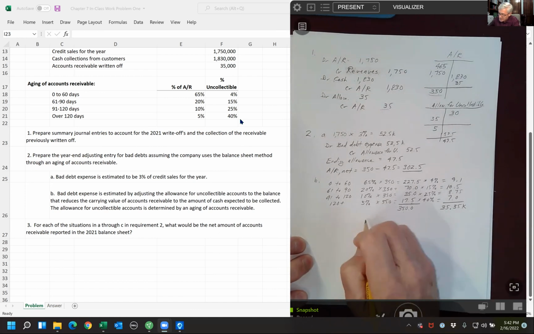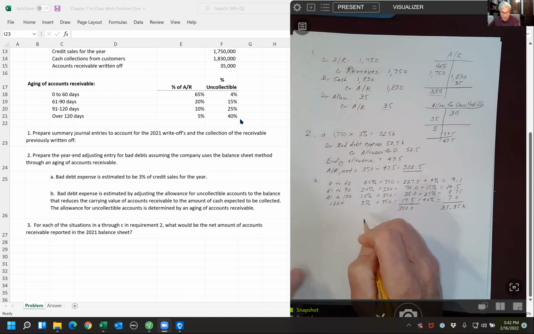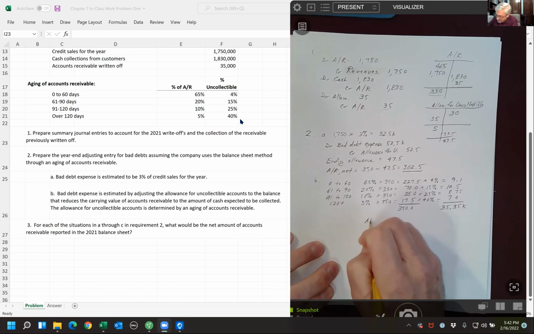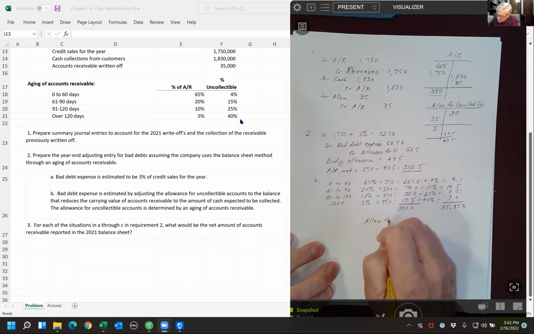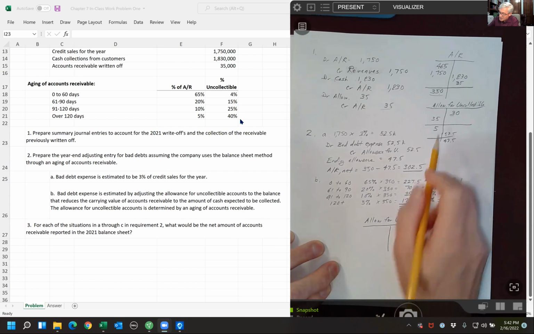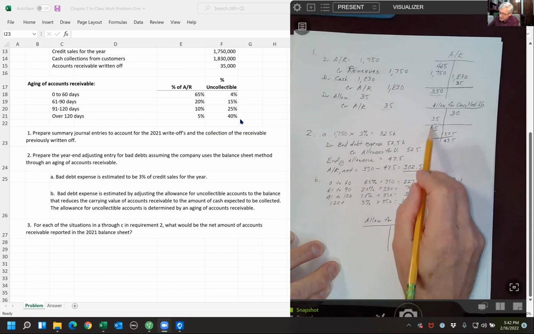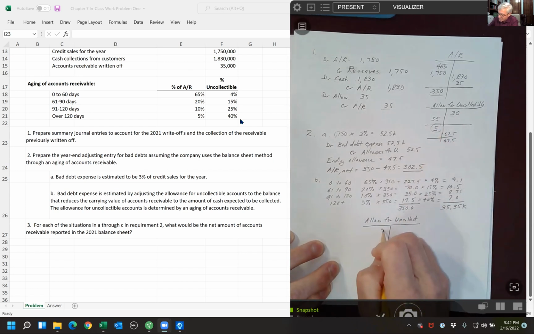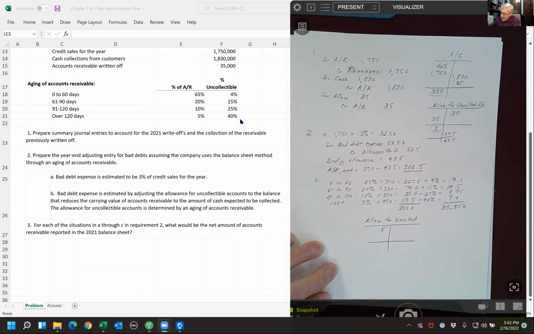Now, what's interesting about this is if we think about the allowance account, I'm going to do this on a T account basis. Remember, I'm just going to take the final balance we had was 5,000, and it was a debit balance. And guess what? Now we know the final answer. This balance should be 35.35.